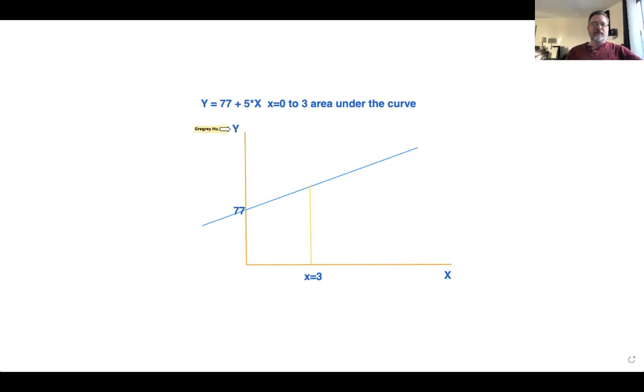For every function like this, if you specify a value in the domain, like we did, x equal to 3, then there's a corresponding value in the range that describes the value of the function at that point in the domain. That's how we graph it, with an x, y pair. So I'm asking you, if x is equal to 3, what is y equal to?